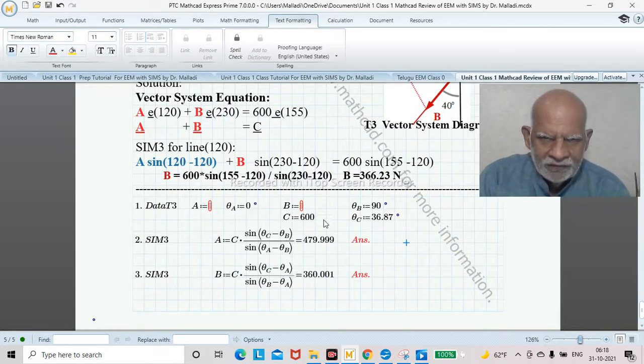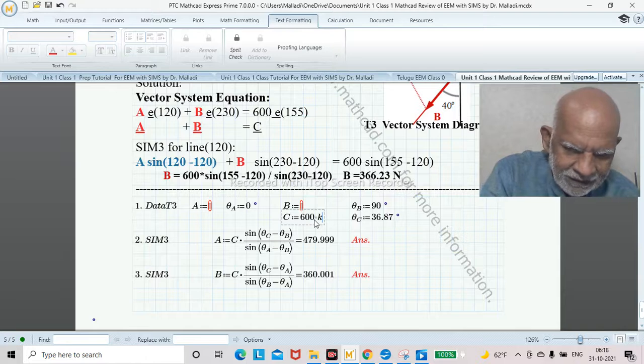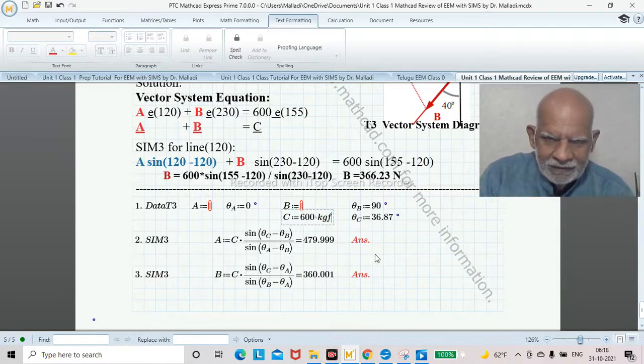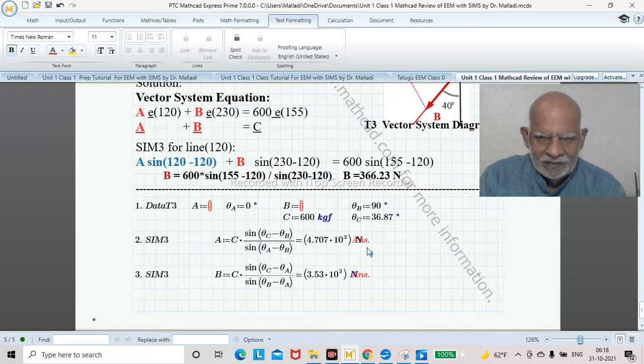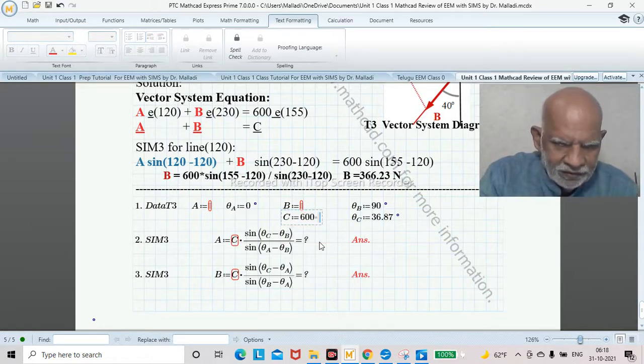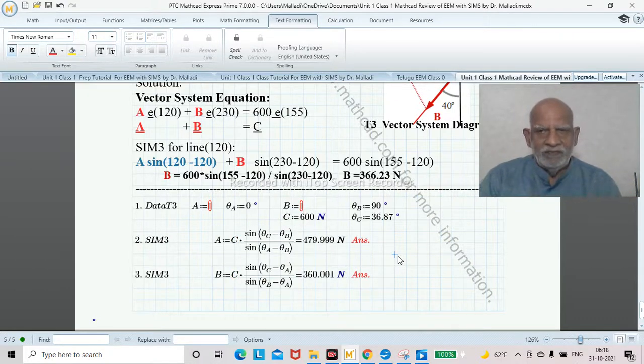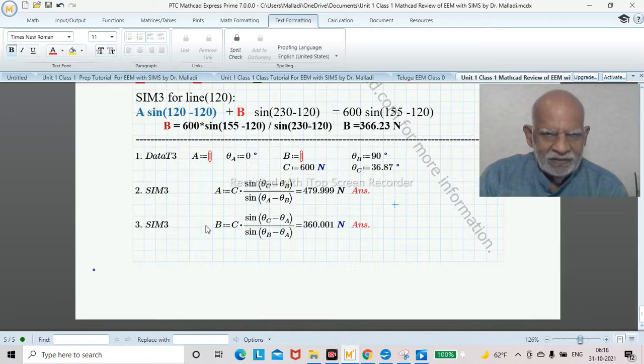If I put kgf here, let us see. See, so many newtons, etc. So I'll get back to n. See, it's a wrong thing, so it won't accept the wrong one. So this is the facility of MathCAD. You are less prone to make mistakes.